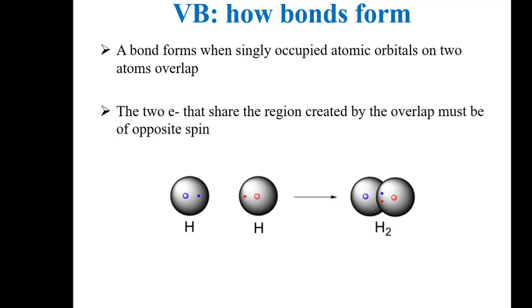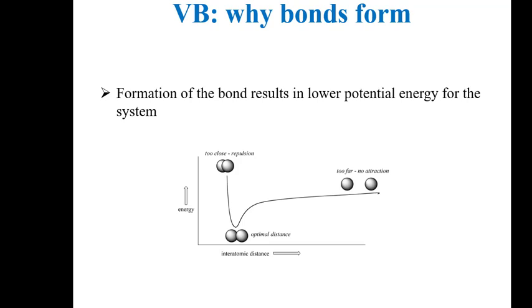The reason why these bonds will form is because the potential energy for the entire system is going to be the lowest when the two single orbitals are at a precise distance, which is the optimal distance.